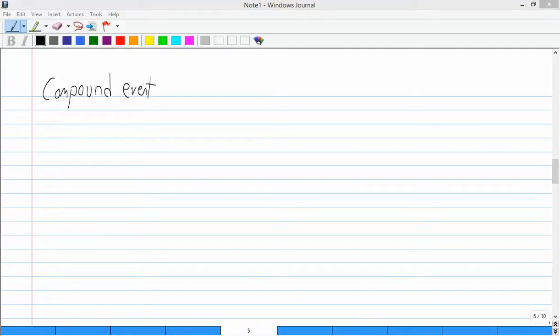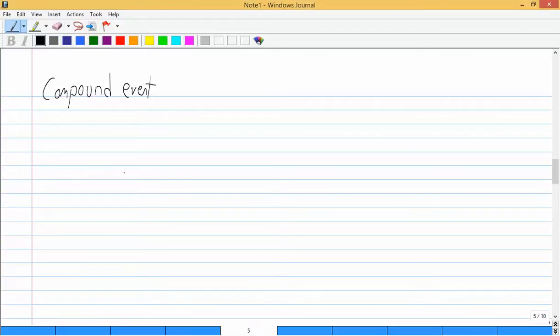Sometimes events may depend on each other. Sometimes events may be independent and not depend on each other. There's lots of different compound events. A lot of times the way that this is described is by using Venn diagrams.